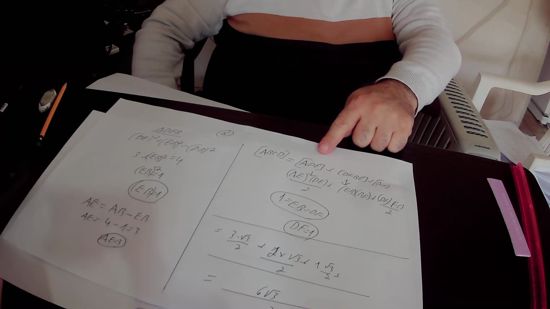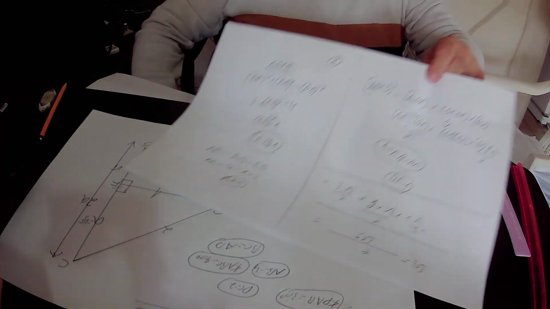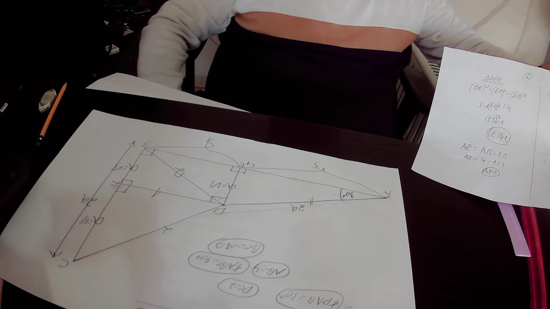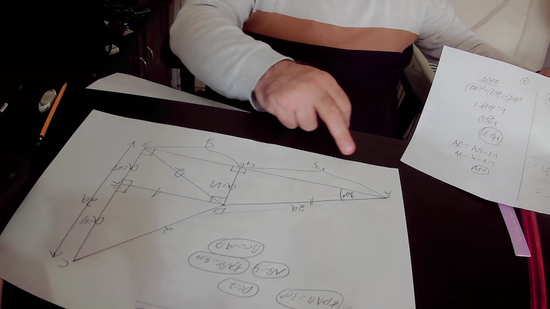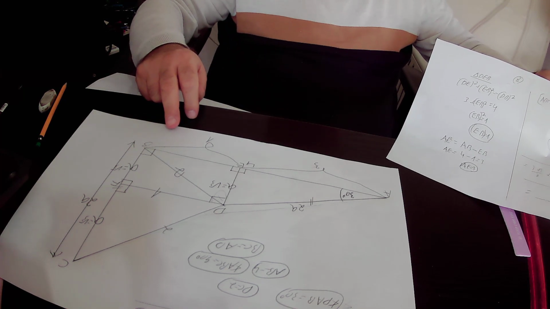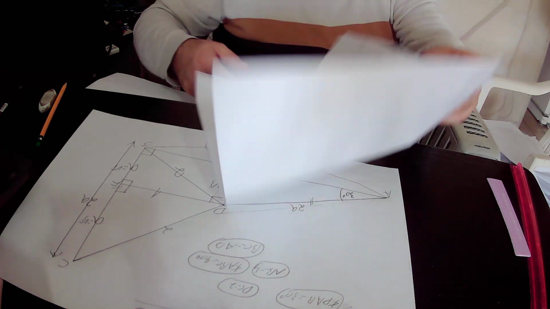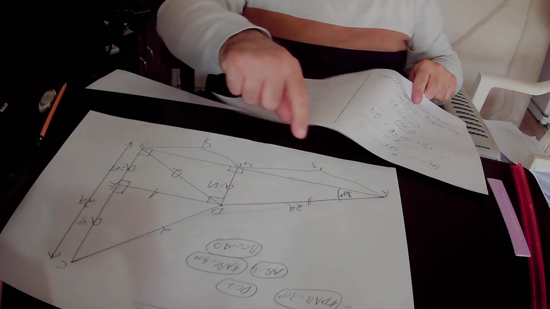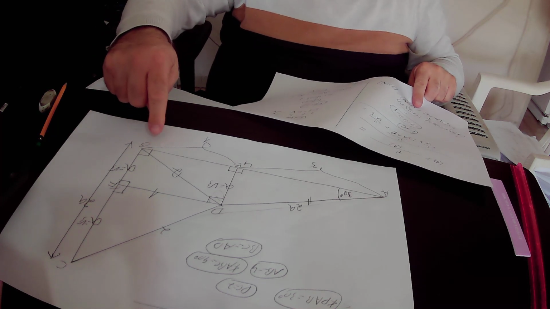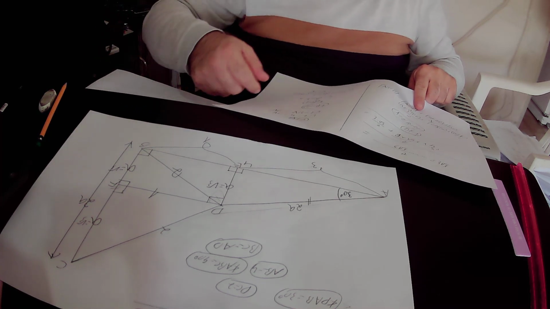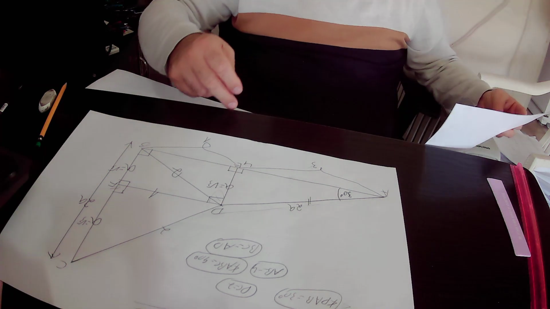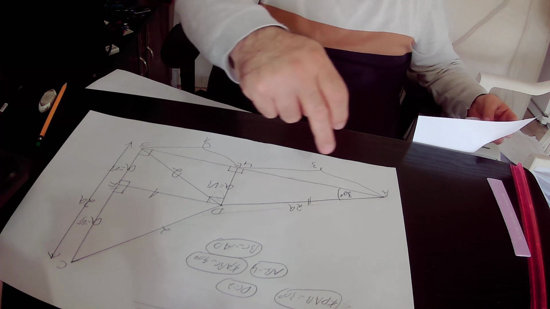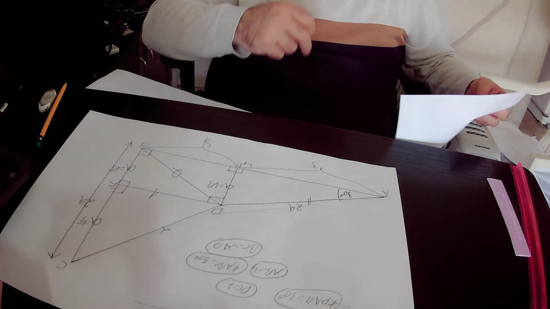The area of triangle ADE is equal to the base of the triangle times the height over 2, that is AE times DE over 2.